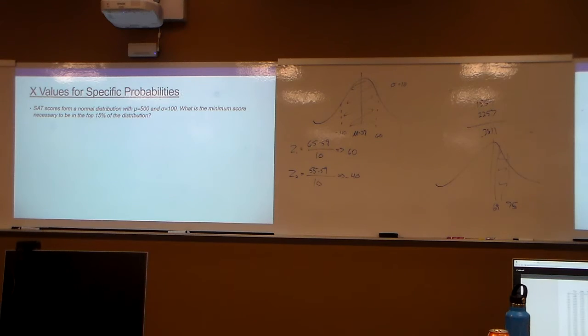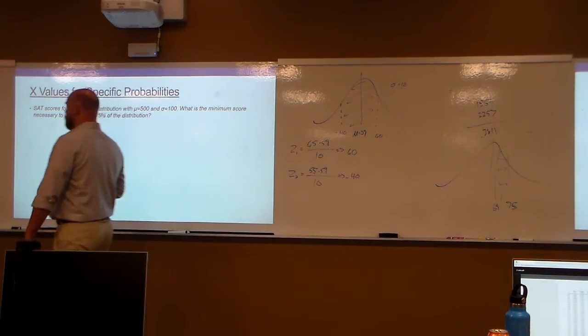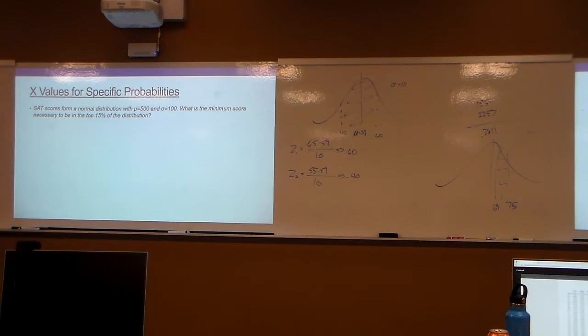All right. Also going through and looking at values for specific probabilities. We've got SAT scores from a normal distribution, mean of 500, standard deviation of 100. What's the minimum score necessary to be in the top 15% of the distribution?